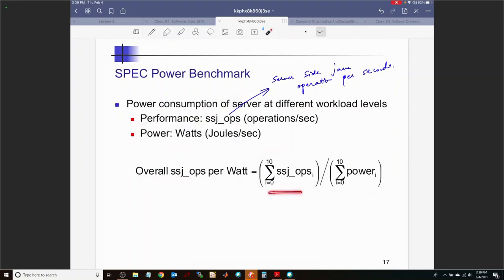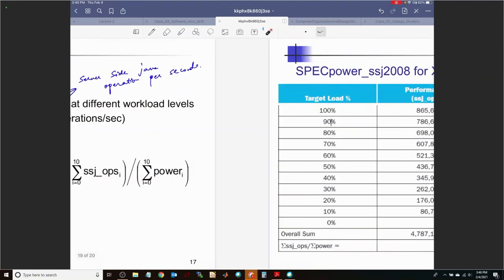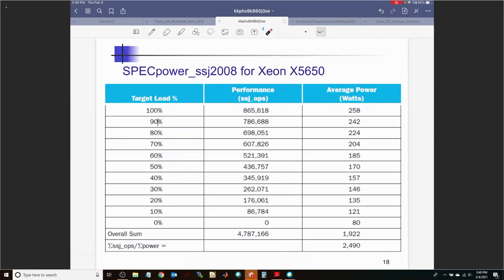In this case, we are doing it from 100% down to 10%, so you're going down by 10% every time. At the top, you have operations per second, and at the bottom, you have watts. So you're trying to evaluate this particular metric, operations per second per watt. So this is the SPEC power benchmark.